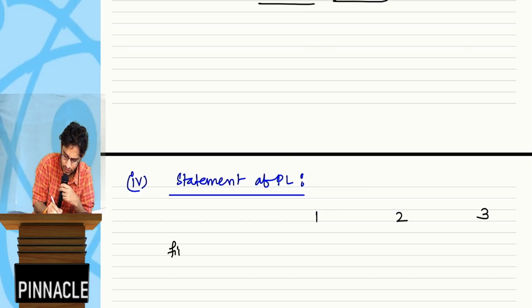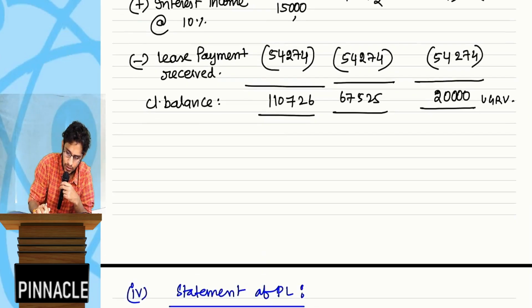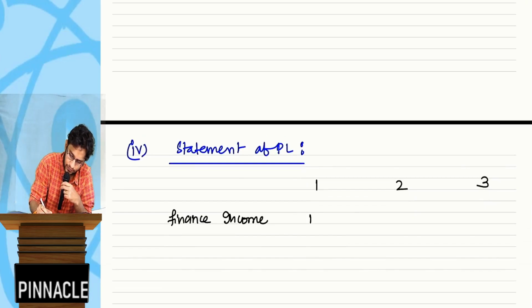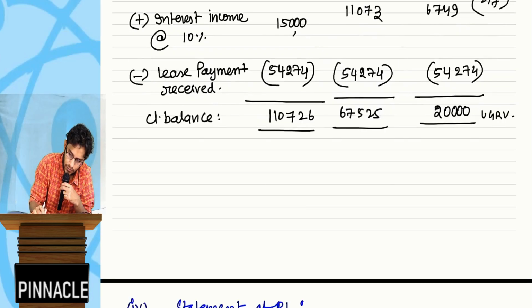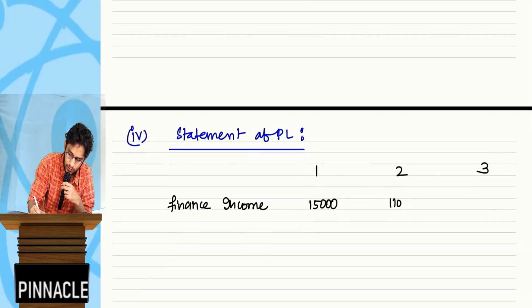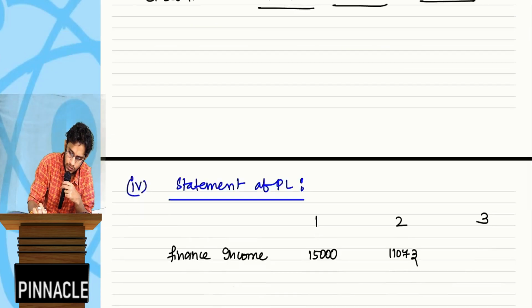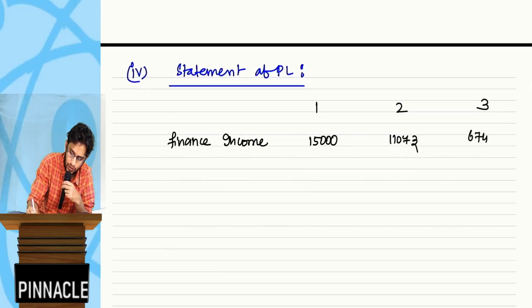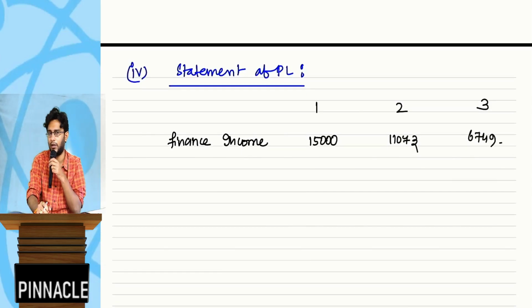Finance income, just one line will be there in the P&L account, nothing else: 15,000, 11,073, 6,749. That's it, over. The P&L extract.